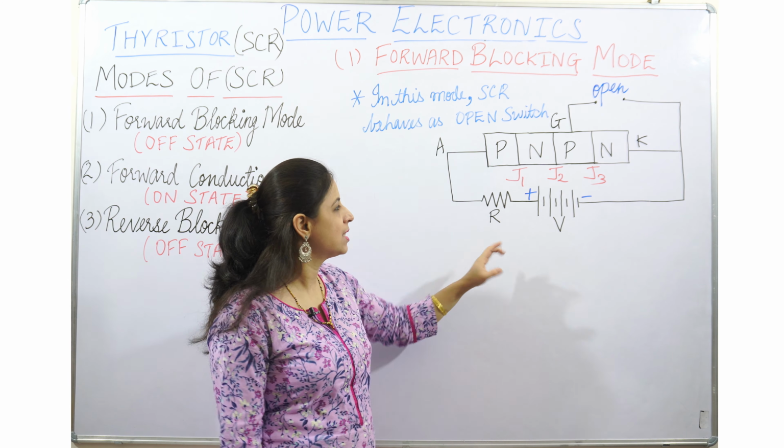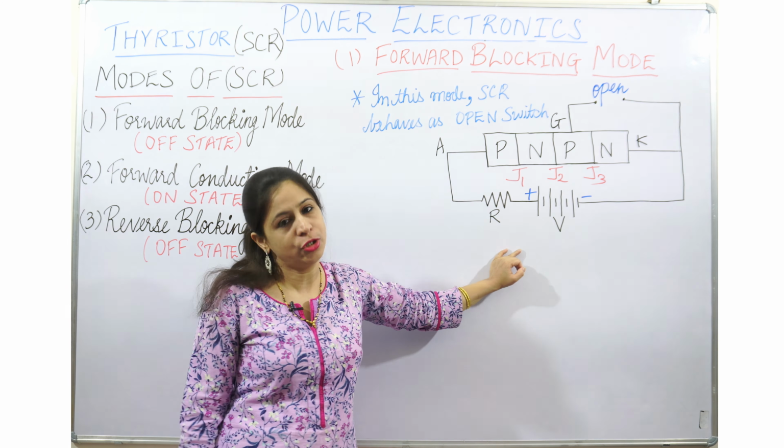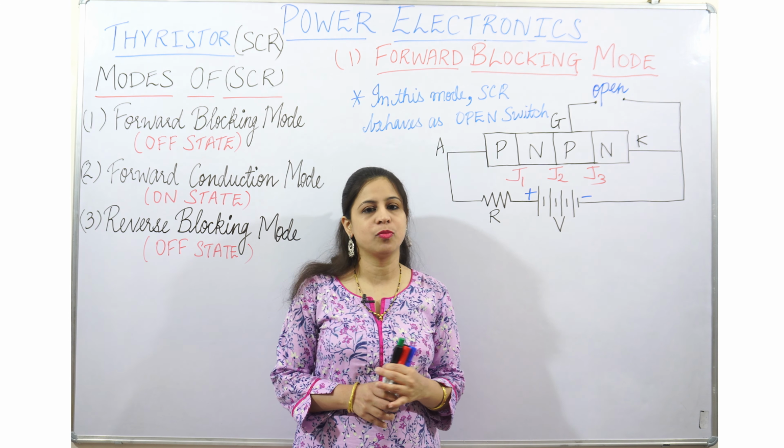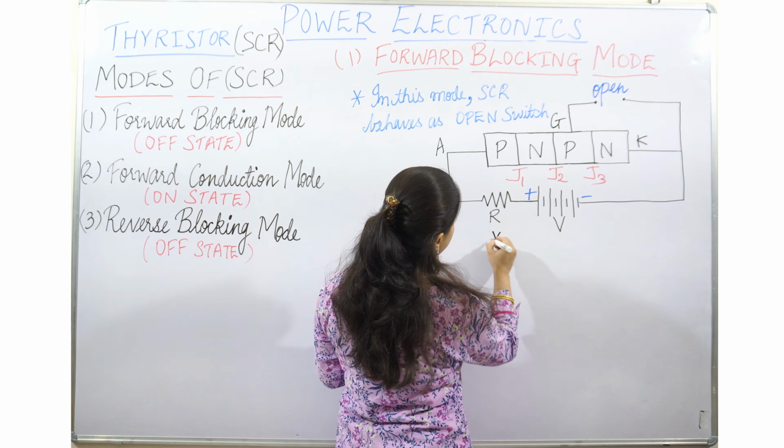So easily we can see from the diagram that junctions J1 and J3 are forward biased and junction J2 is reverse biased. Let us note down this point, it is very important.